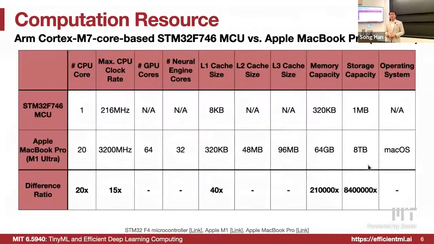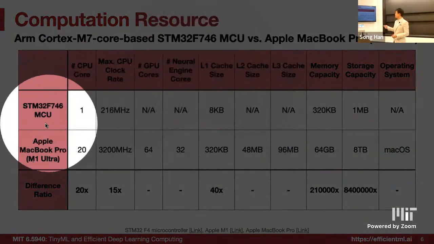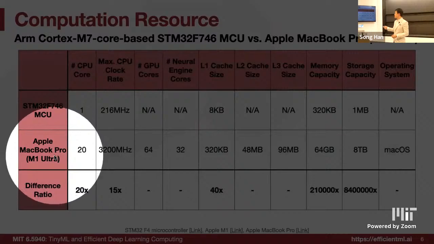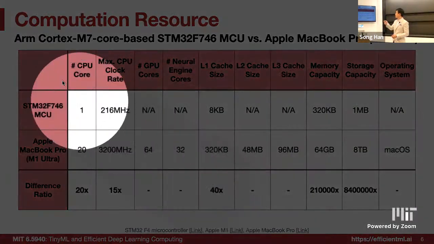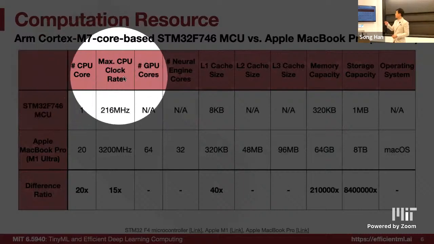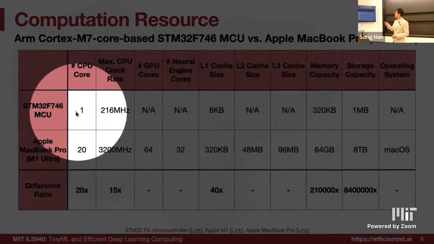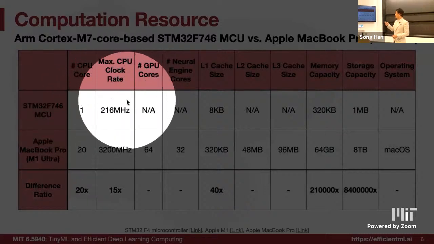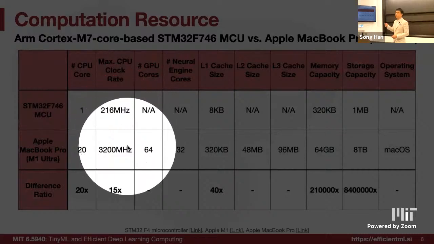Here is a comparison of the computational resources comparing our MacBook Pro versus a microcontroller. This is the microcontroller, this is the MacBook Pro, and this is the difference. We categorize them by the number of CPU cores, 1 versus 20. The clock rate also differs a lot, 200 megahertz versus 3 gigahertz.